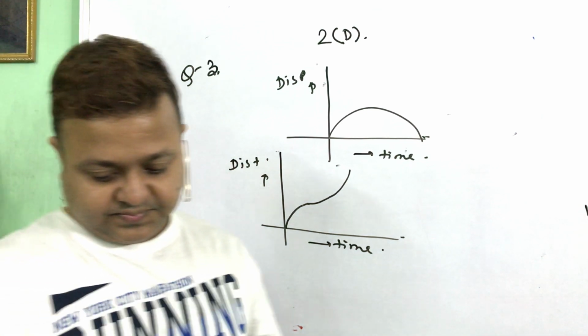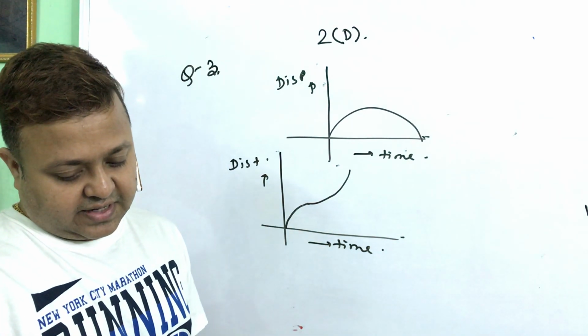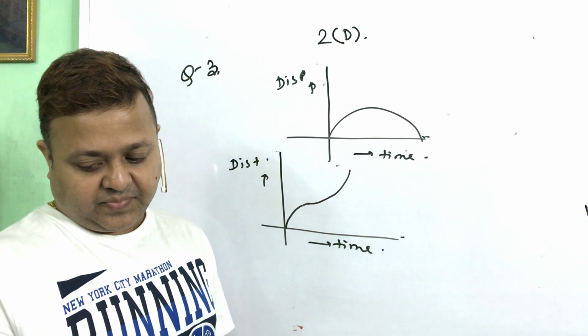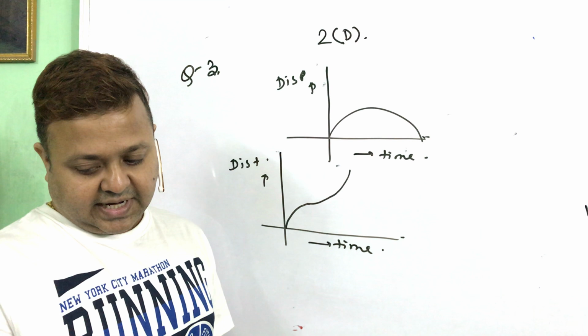Number 4. Find the average speed during the time interval 2 to 10 seconds. Distance time graph is given.